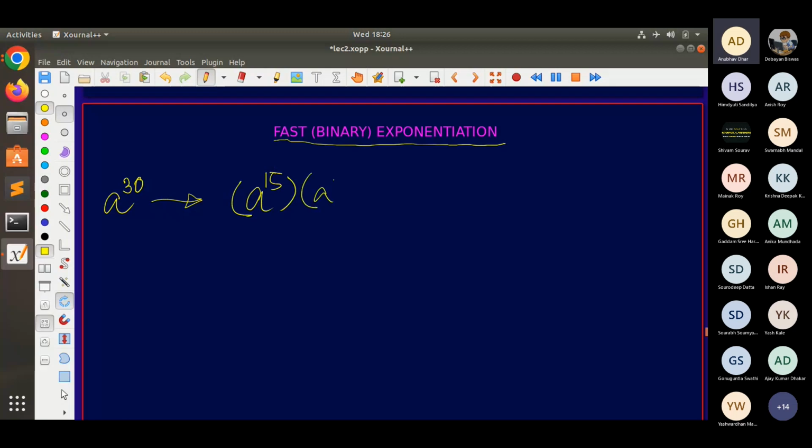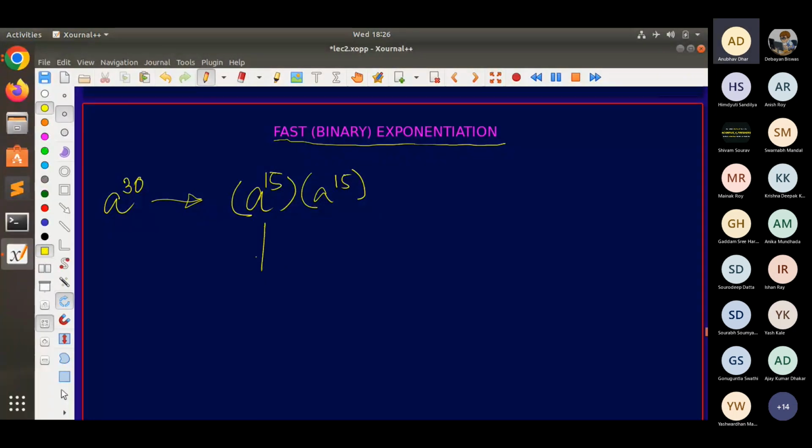Now the catch is you don't need to compute e to the 15 twice. You can compute e to the 15 once and just square that to get e to the 30.